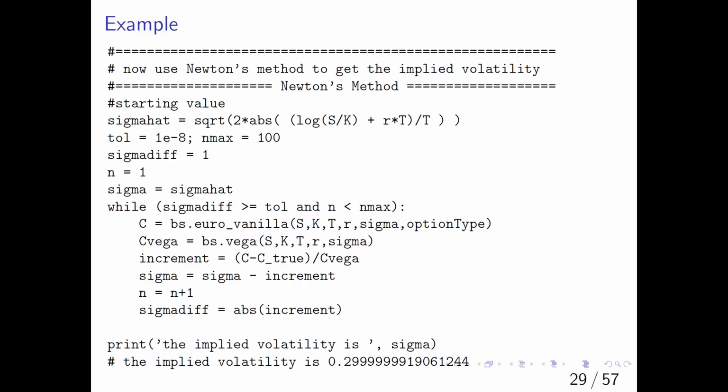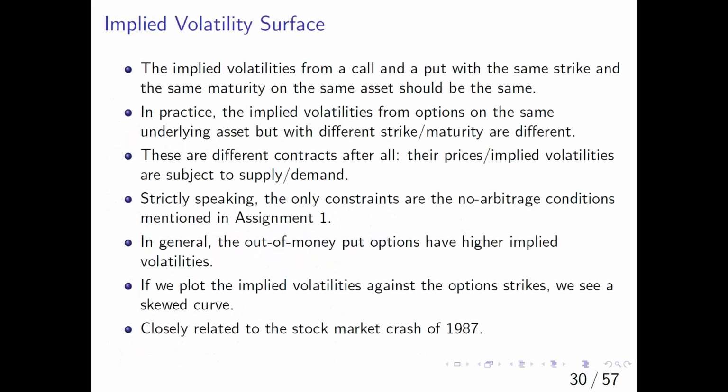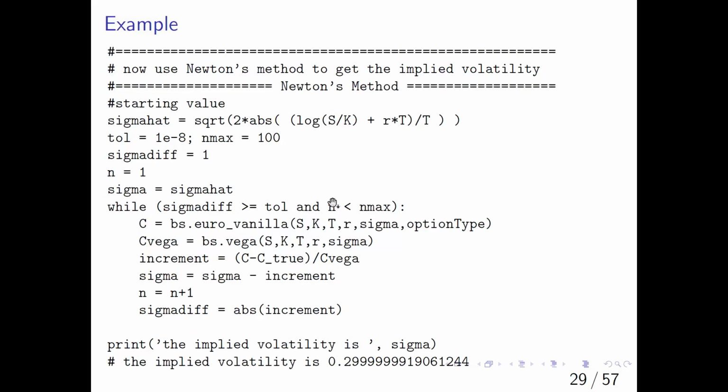Okay? So that's it. As I said, in your assignment, pretty much you can just copy this piece of code, but you need to add the sanity checks at the very beginning and also in the end, or even in the middle. In the middle, you should check the sigma here. If it becomes negative, you should stop.